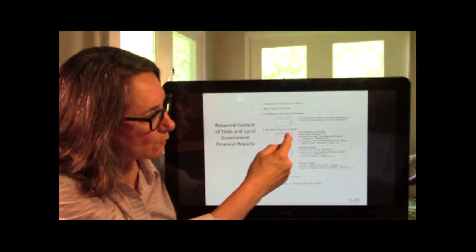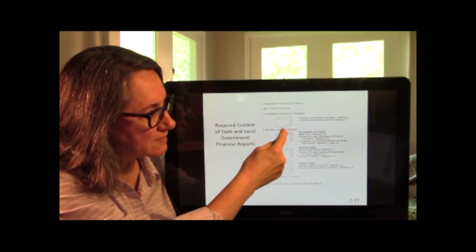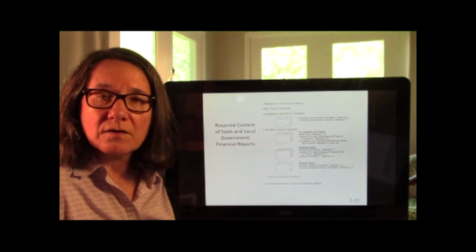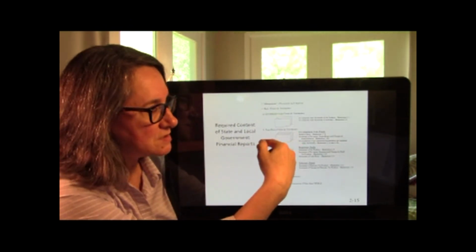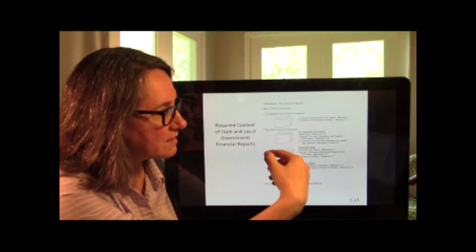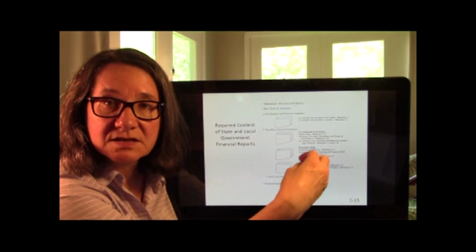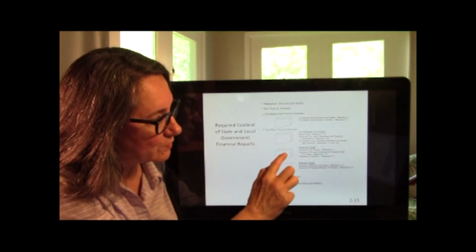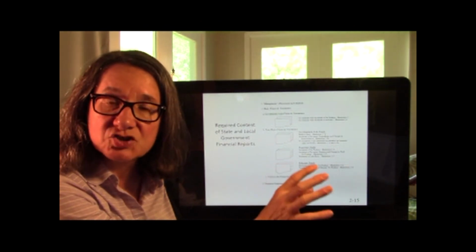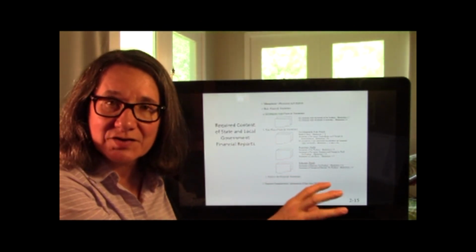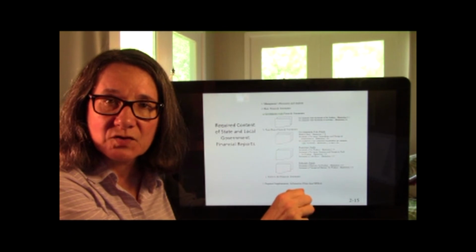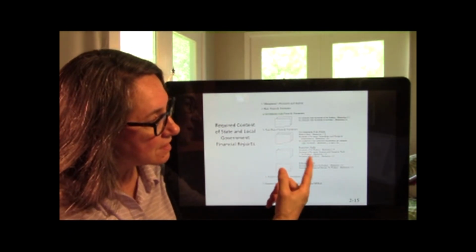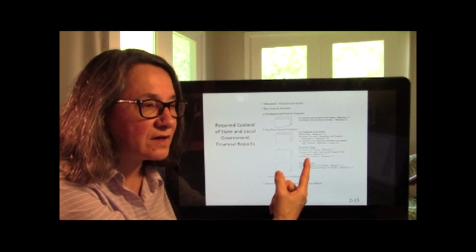But the government-wide statements sort of tie these together. In other words, if I wanted to see what's going on with the city water department: if the city runs the water and the electric, those would be proprietary, because they're kind of like enterprises. We talked about enterprise funds, so you'd have the water department and the electric department under the proprietary funds.